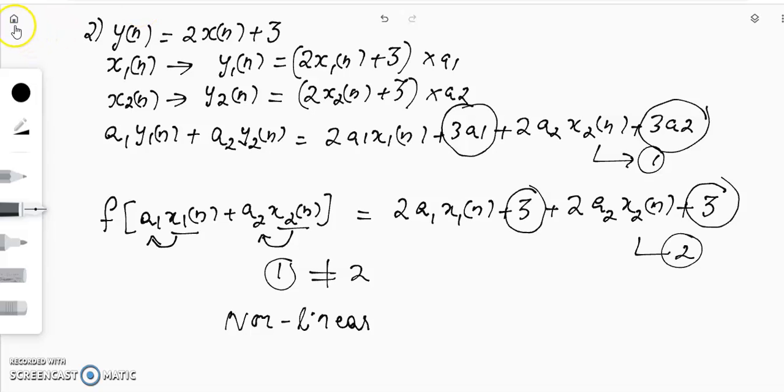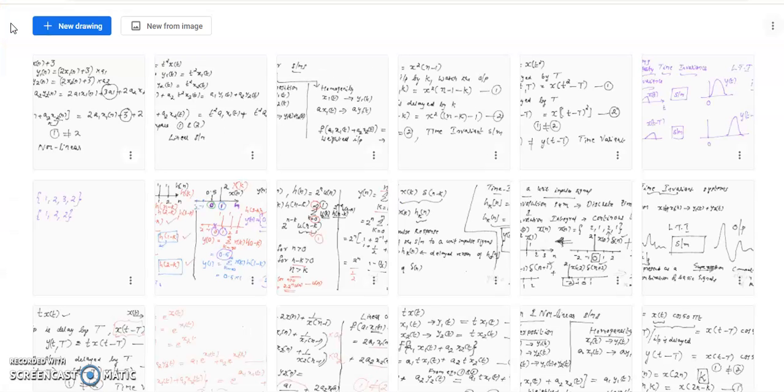Okay, so we can go to the next question, which is a differential equation. So how do we solve the linearity of a differential equation?